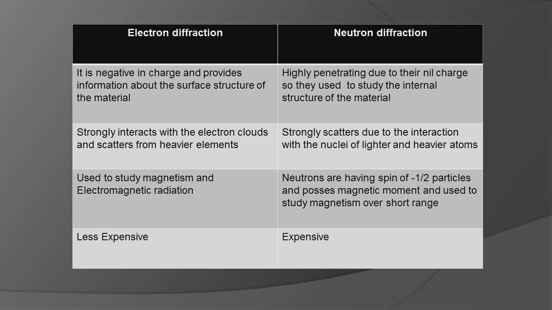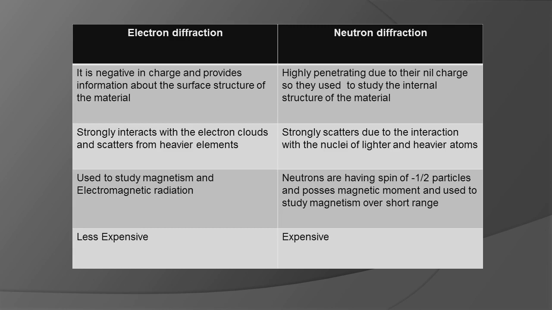Electron diffraction is used to study the magnetic property of samples and the interaction of the magnetic properties with electromagnetic radiations. And in neutron diffraction, neutrons have spin 1/2, and they also possess a magnetic moment. It has the magnetic scattering effect due to its magnetic moment.